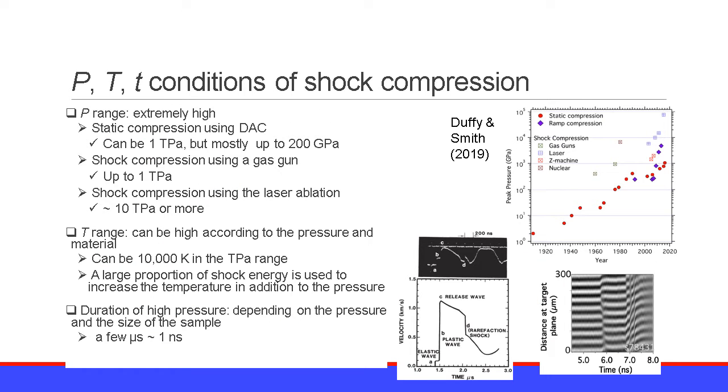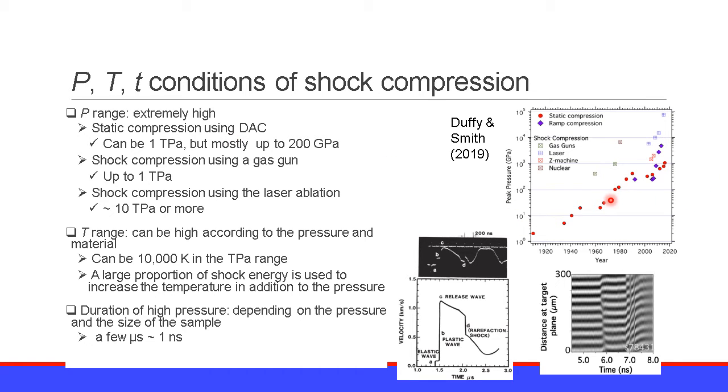Let me briefly talk about the pressure, temperature, and time conditions of shock compression. This plot shows the pressure conditions of various high pressure experiments, and the most important merit of the shock compression experiment is its pressure range is extremely high.